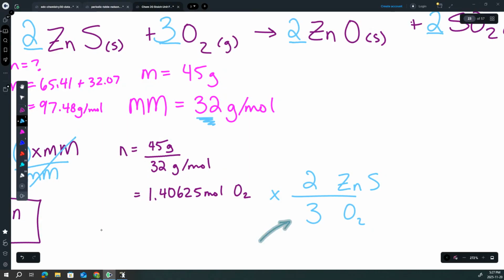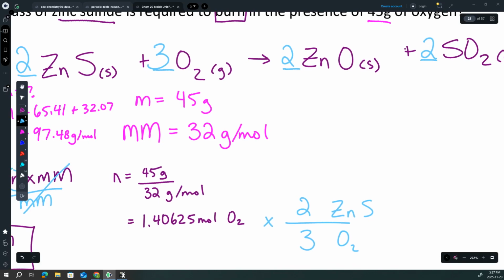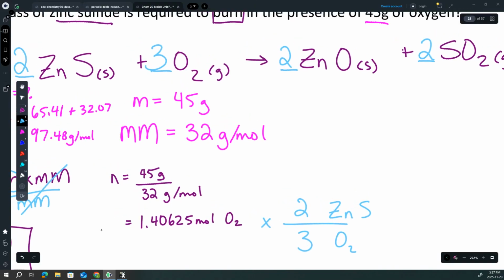Just something to watch out for, because sometimes students do that. When you're figuring out the molar mass, do not take into consideration the coefficient. But you do need to take into account the subscript numbers.